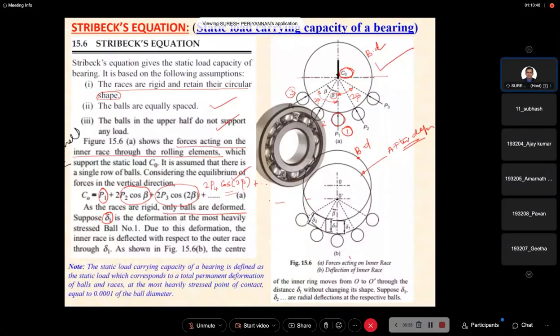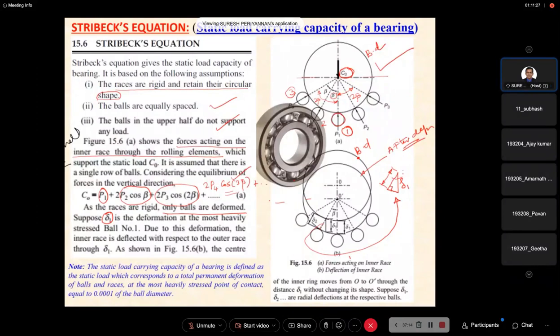How can I find out delta 2? Now this is a right-angled triangle, right? I'm taking this right-angled triangle only. Now this is 90°, and this delta 1 we already know. Now we have to find this one.